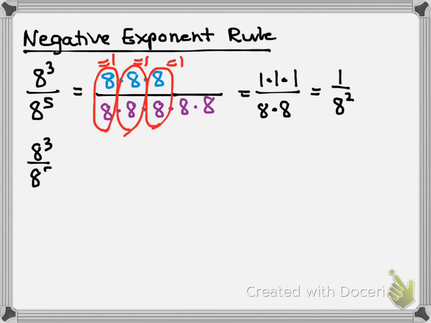Same problem. So on this quotient rule, it says you're going to take your exponents, numerator, take away, denominator. You cannot change the order. It's always top, take away, bottom. Always.